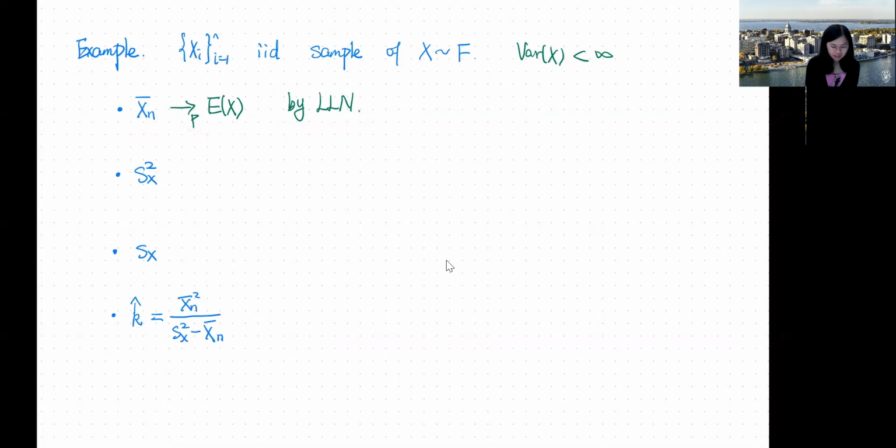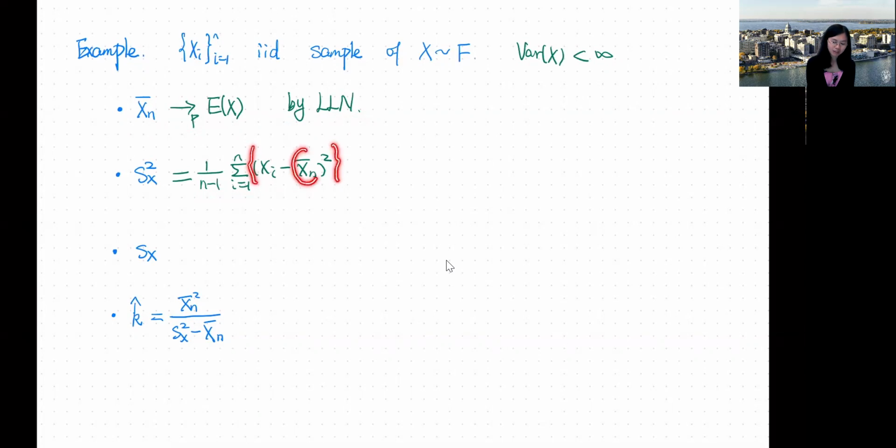And Sx squared equals 1 over n minus 1 times the summation of (xi minus xn bar) squared. For this one, we cannot apply the law of large numbers directly because this is not an IID sequence. Why not?